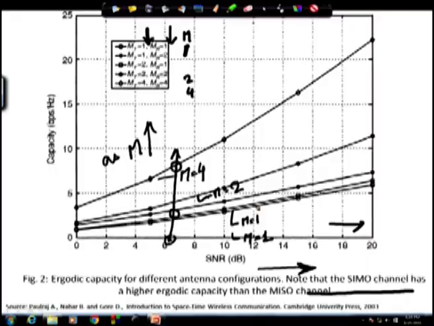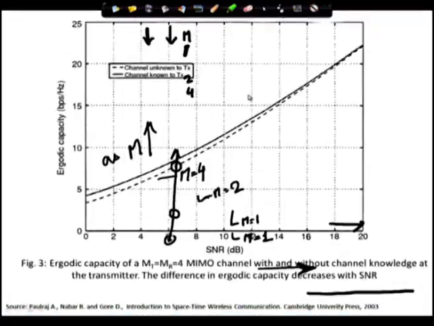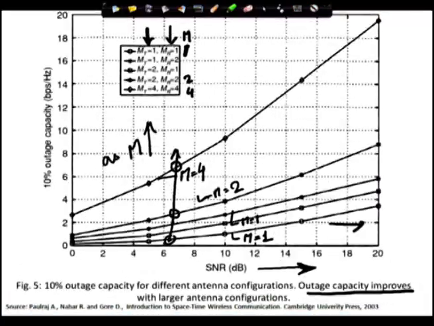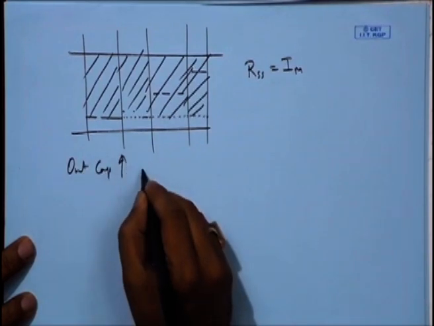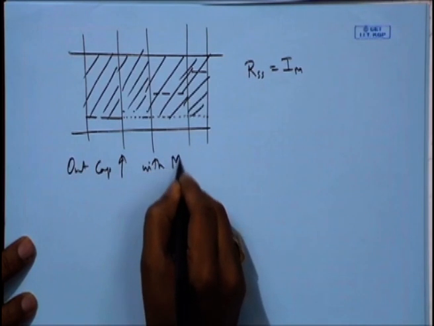Okay. So what we are seeing here also is that capacity is increasing linearly as we increase M. So in both the cases it increases with M. Now the important thing that we are going to look at is here. So outage capacity increases with M clearly.